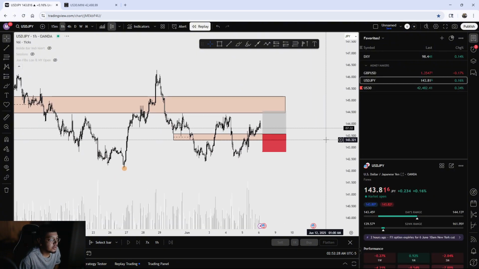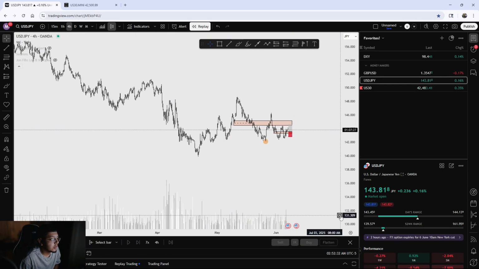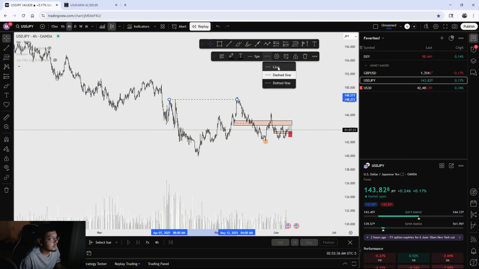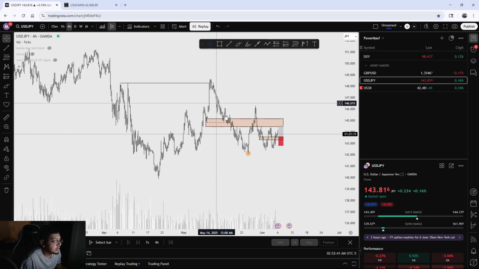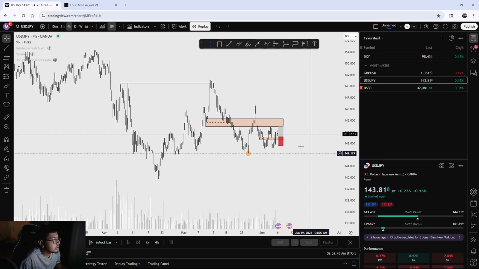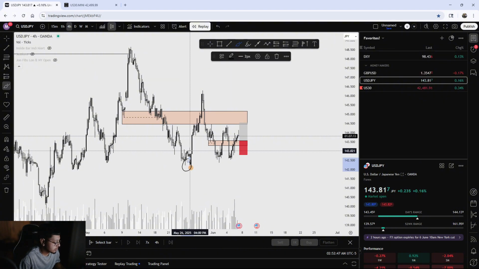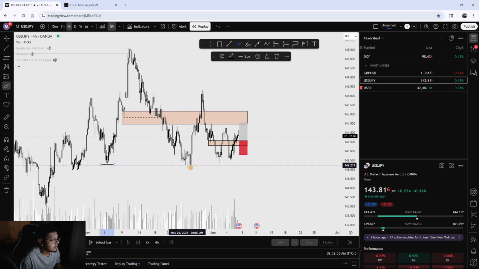And we have USD JPY. So USD JPY, previously we took highs at this level, and we have a bearish momentum price action to the downside. We did get a retracement after taking these lows right here, right?